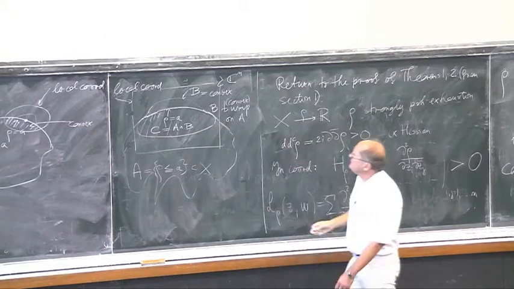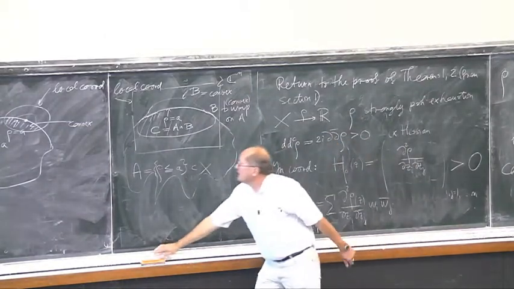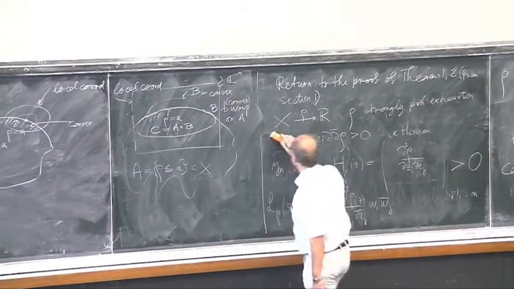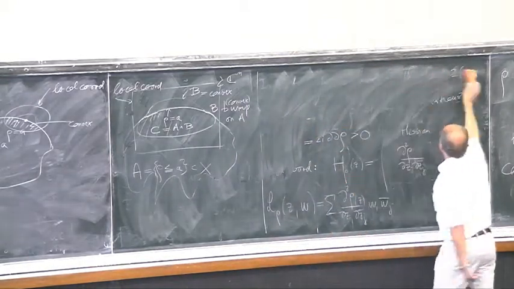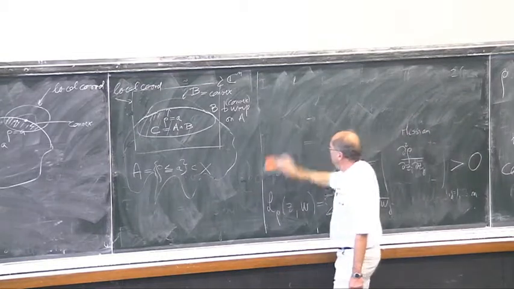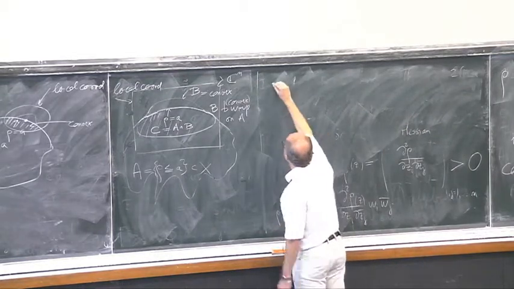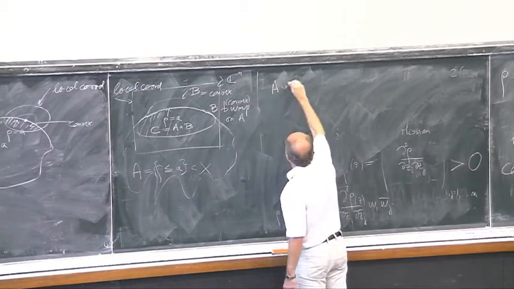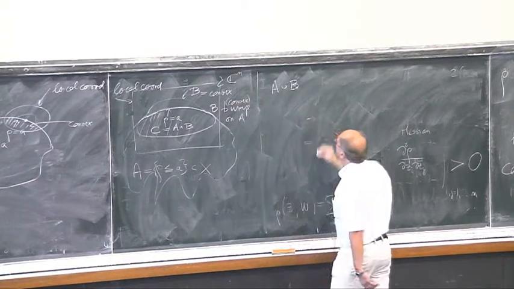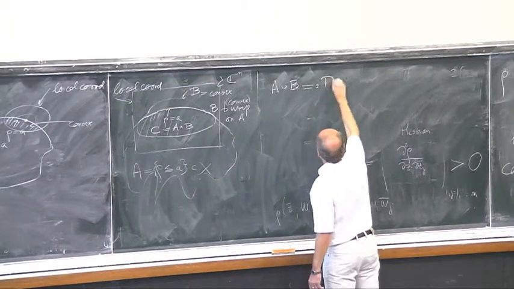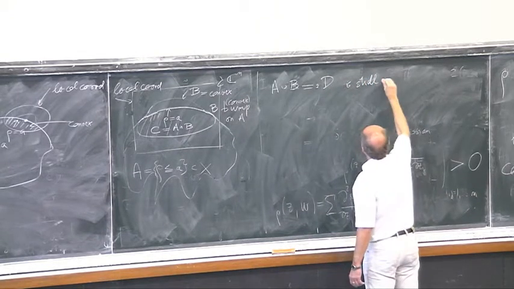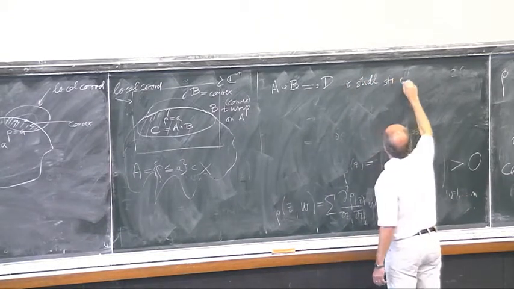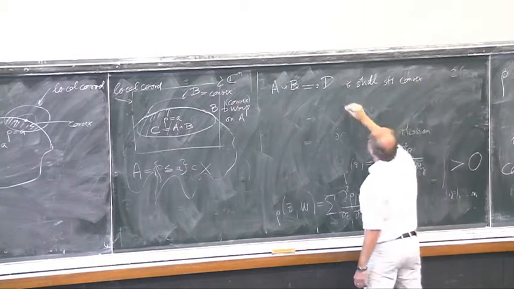The property is that the union of these two things, A union B, let's call it D, is still strongly convex inside my chart.